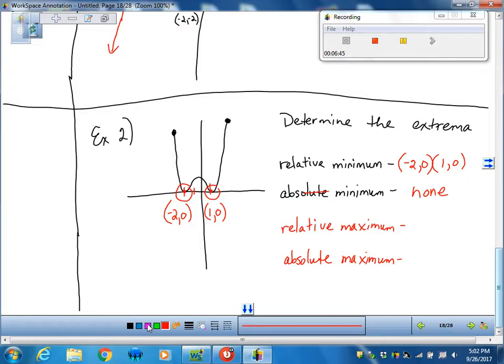Well, when I look at my relative maximum, I actually have three areas where I have a highest point. I have a highest point right here for this area. I have another high point right here, and I have another one over here on the right side. So I have three regions that have high points.